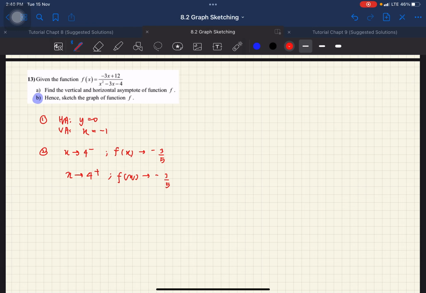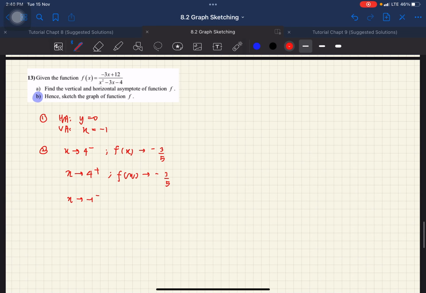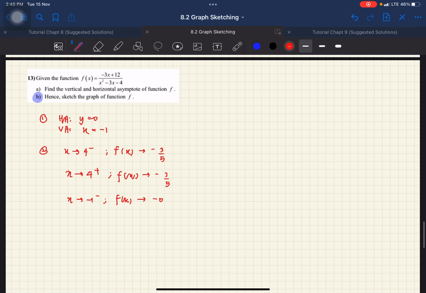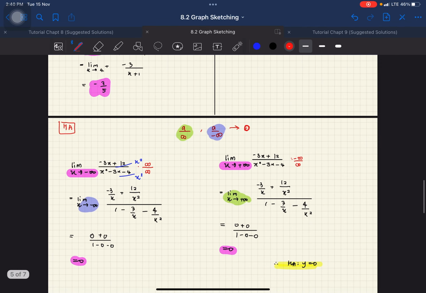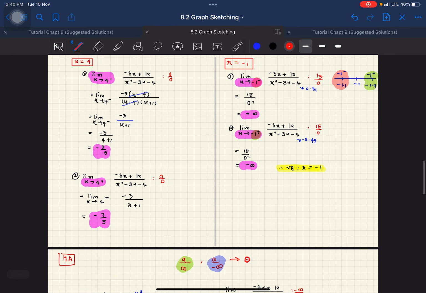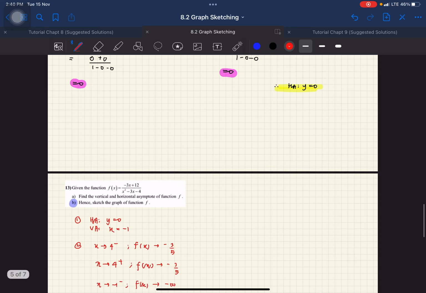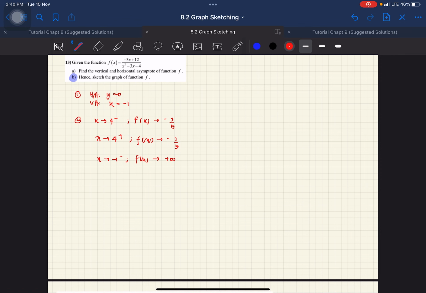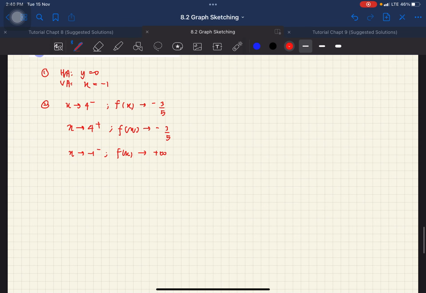Okay, and then secondly tadi saya cari x approaching negative 1 daripada kiri. So saya dapat fx approaching to, is it negative infinity? Let's take a look back. So saya dapat apa tadi? Oh, it's positive infinity. So positive infinity and then negative infinity. So this is positive infinity. Okay, so fourth one, saya pergi cari x approaching negative 1 from the right.